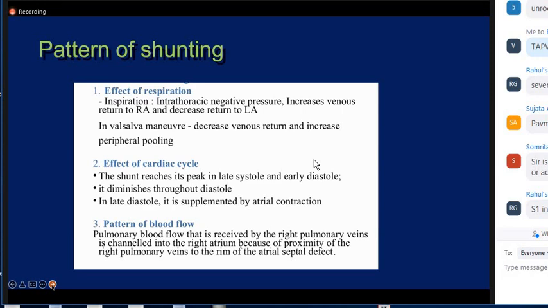The right pulmonary vein is very close, and that's where the shunt will come from. If you look at the X-ray, maybe I will talk about that aspect later rather than at this point of time.